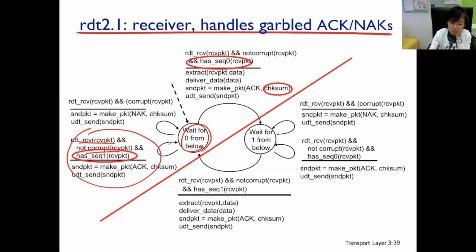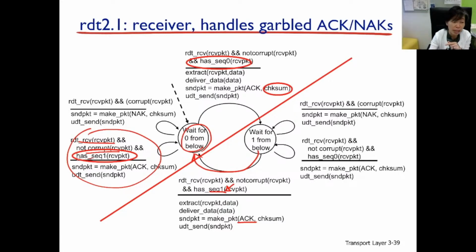Well, this must be because sequence 1 here has already been received earlier. That's why we've already moved on to wait for 0. Now, the receiver, receiving 1, will also be sending an ACK back to the data center. But the data center finds that packet corrupted. That's when the sender retransmits sequence 1, thinking, I'm not sure, I'll just retransmit.